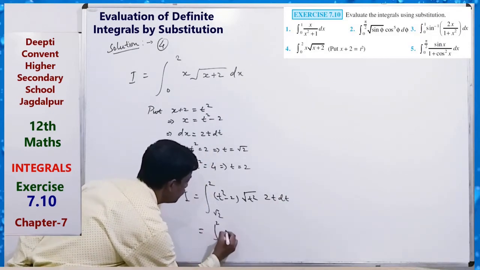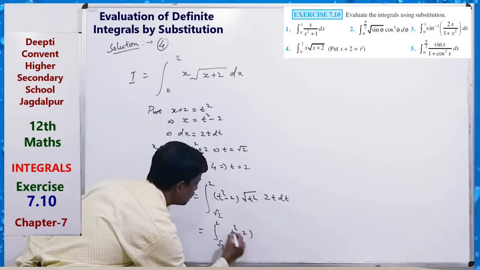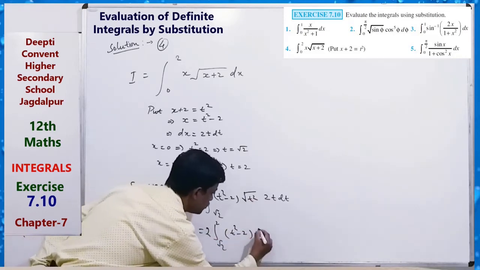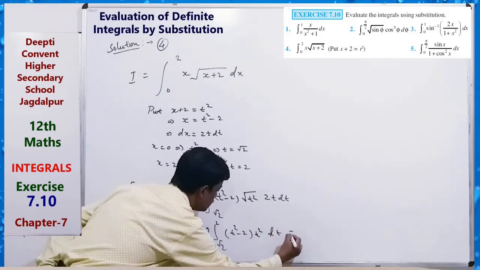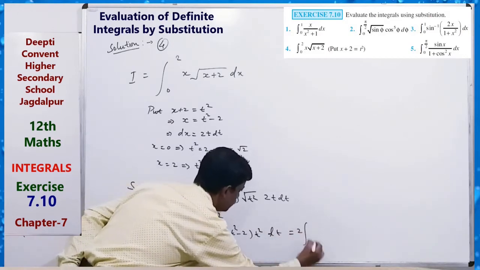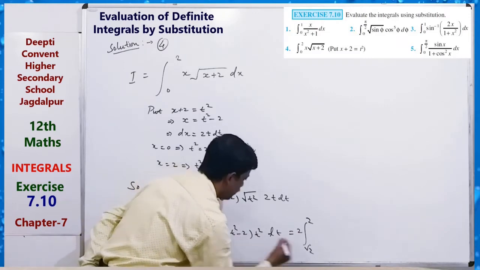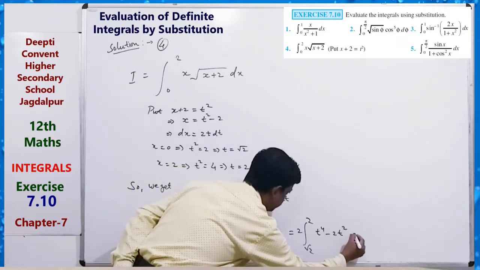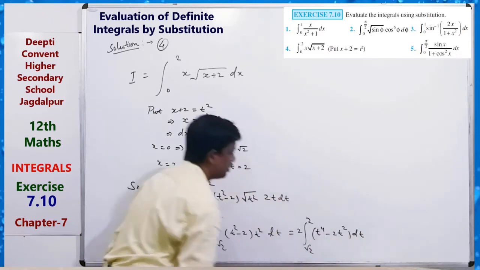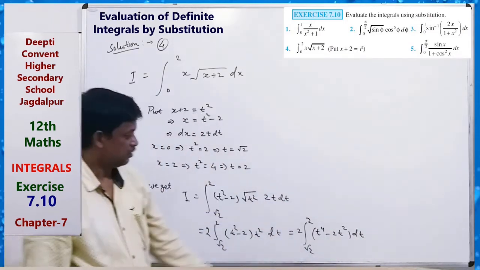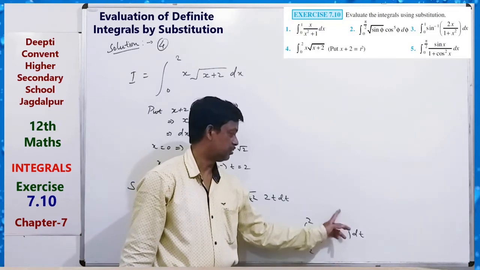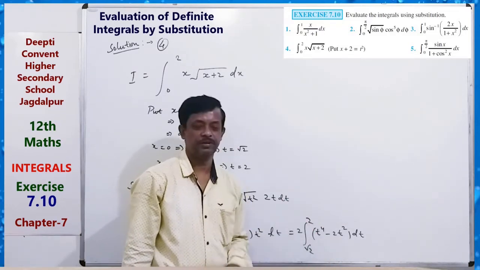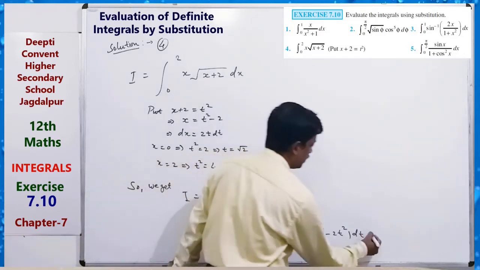Root 2 to 2, t square minus 2, here 2 outside, t square dt. So it becomes 2 times the integral from root 2 to 2 of t power 4 minus 2 t square dt. Now we can easily integrate it: t power 5 by 5 minus 2 t power 3 by 3, and you have to apply the upper limit, then minus the lower limit, and you get the result.